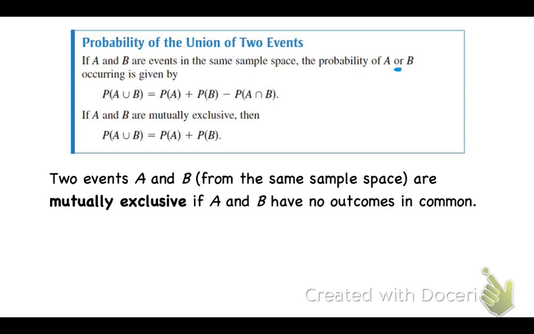The probability of A or B is the probability of A union B. You take the probability of A plus the probability of B minus what is in their intersection. So, we're going to use a Venn diagram.